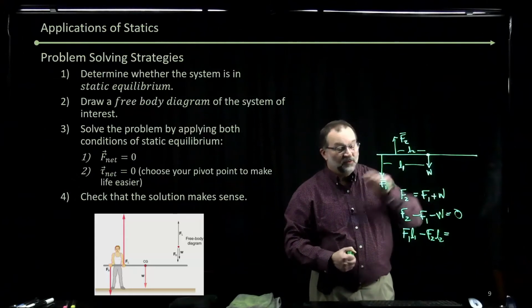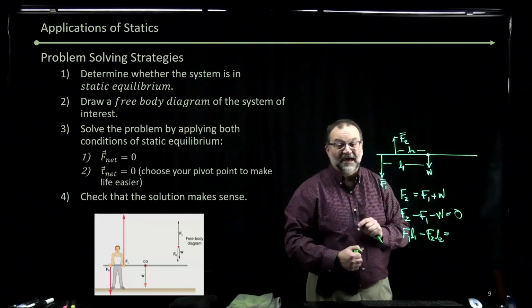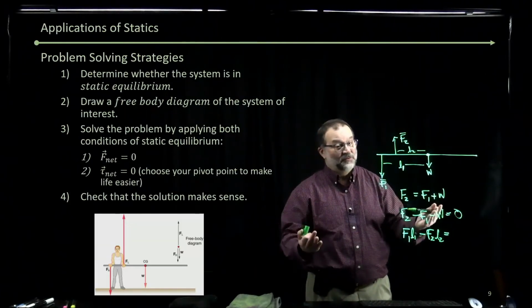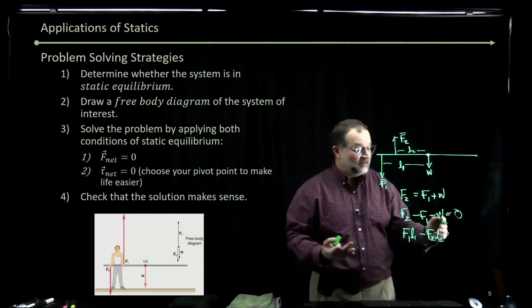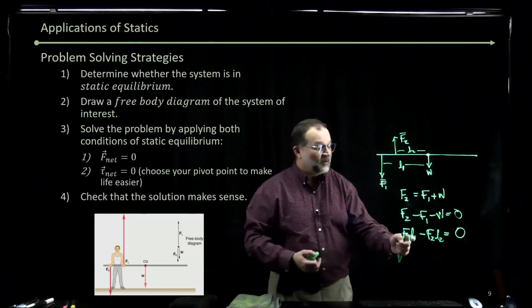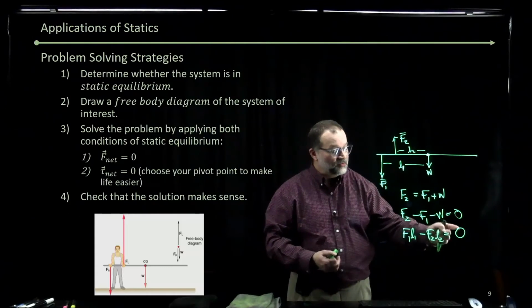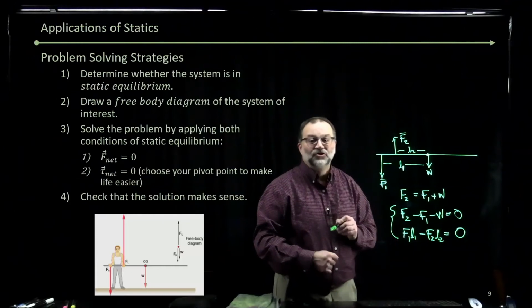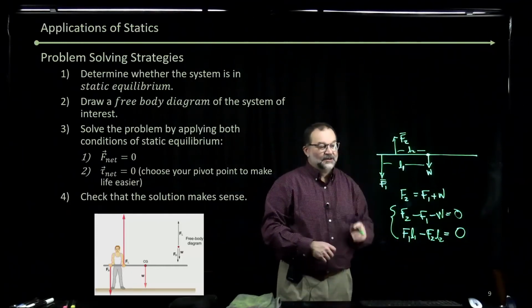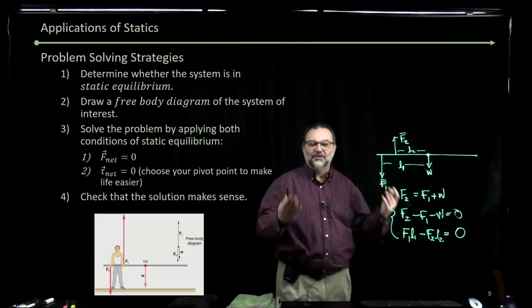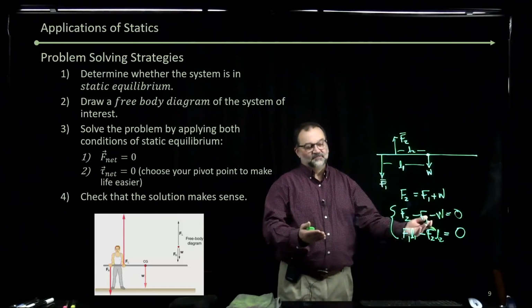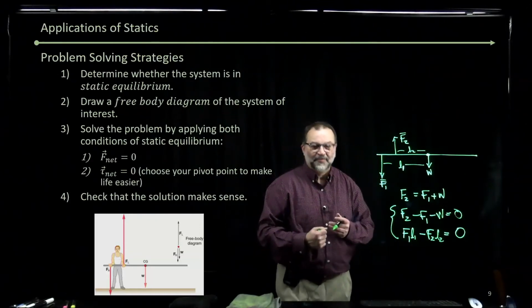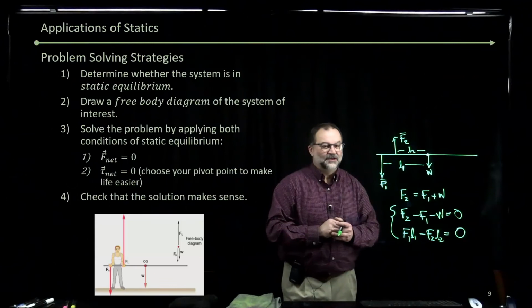Now, weight. Since you picked that as the pivot point, what's the distance from the pivot point to the weight? 0. So there's not a term for the weight in terms of pivoting, so you've got F1 L1 minus F2 L2 equals 0. So you have two equations and two unknowns. If you remember from algebra, if you have the same number of equations as you do unknowns, then you can solve it. And all you have to do is some algebraic manipulation to get to where you need to be. Okay, that's one way to think about this.